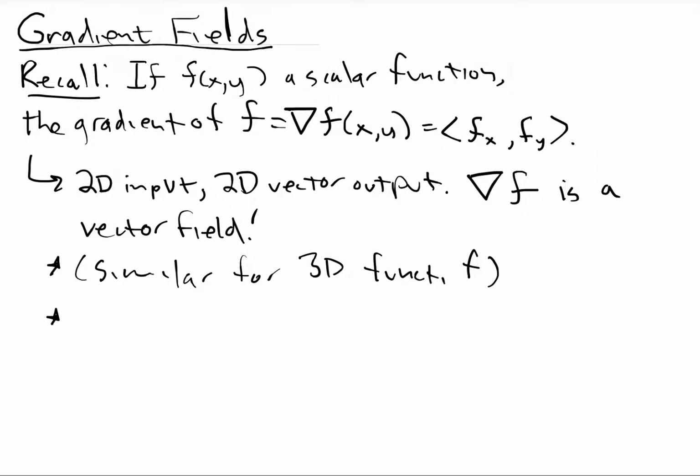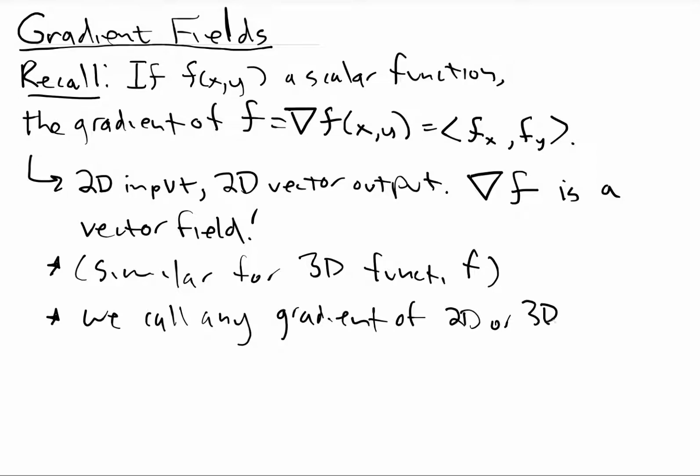These vector fields actually have a special name. We call any gradient of a 2D or 3D function a gradient field.